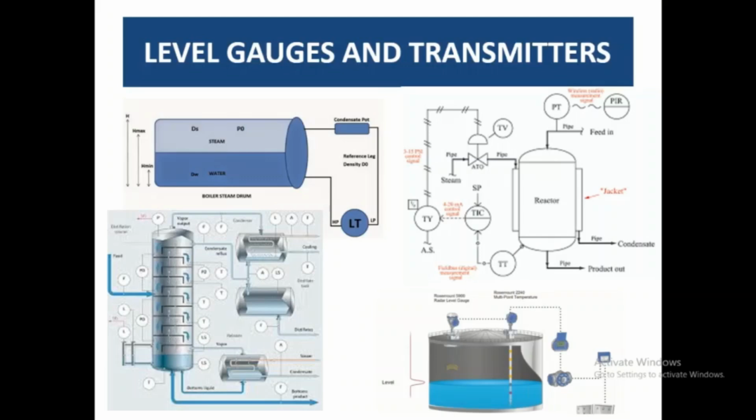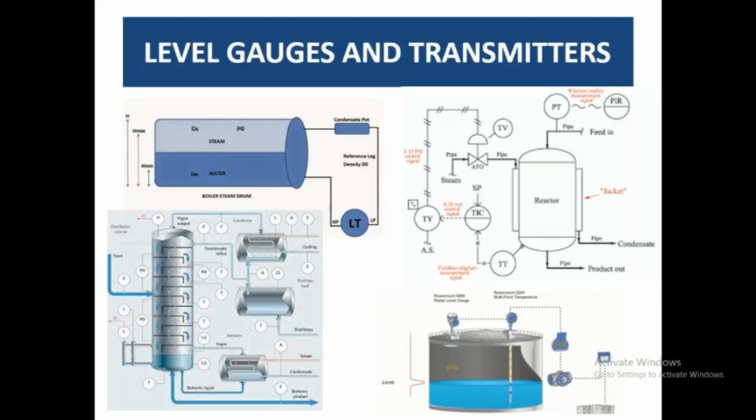There is also a level gauge installed on the tank, and every 4 hours or every 8 hours the operator needs to go to the tank and monitor the level by using a dip tape, or there are other methods.